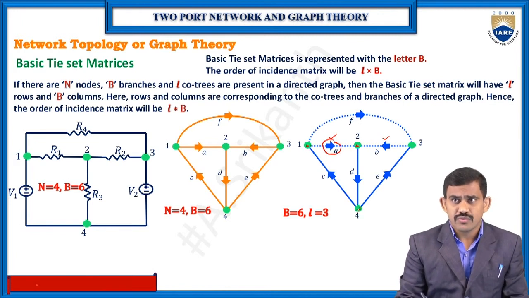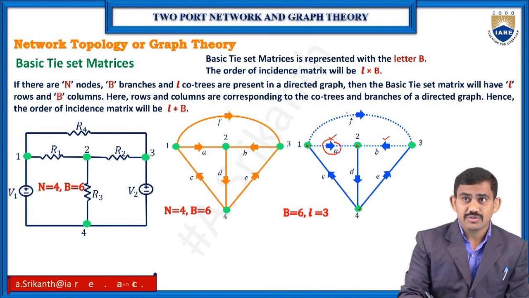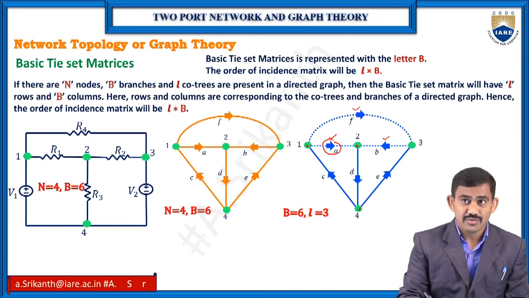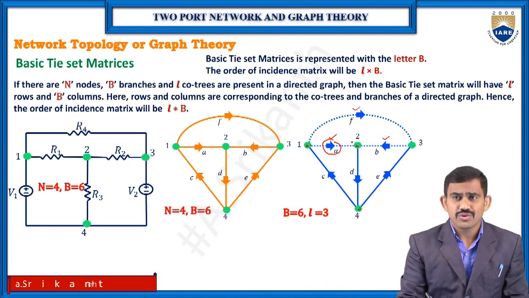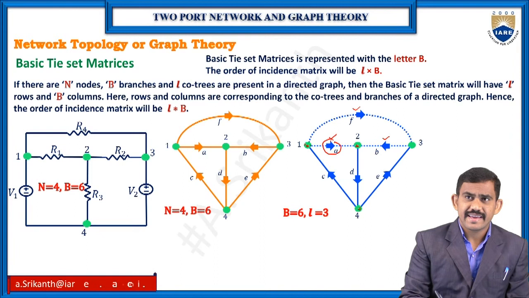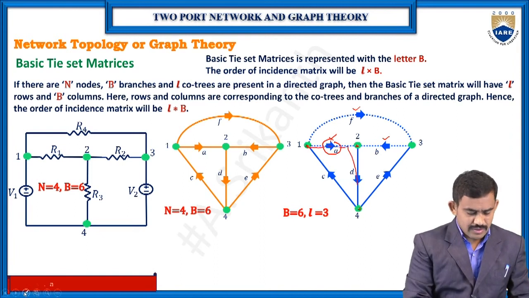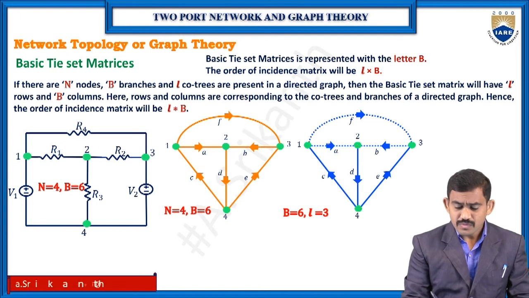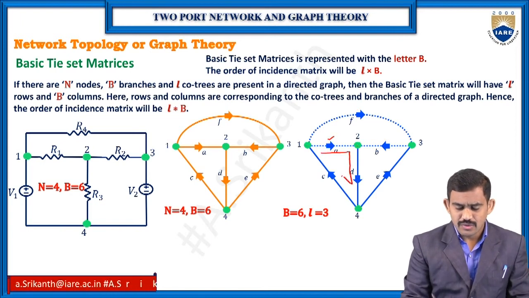If I want to go 4 to 3, again I need to close with 1, which means we have F, so we can't go with the third node. So we have node 1, node 2, node 4 and again node 1. This is my closed path when A is my co-tree.